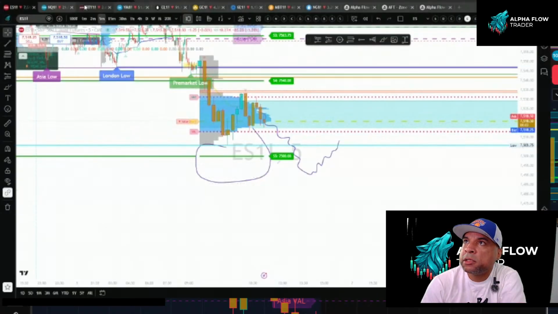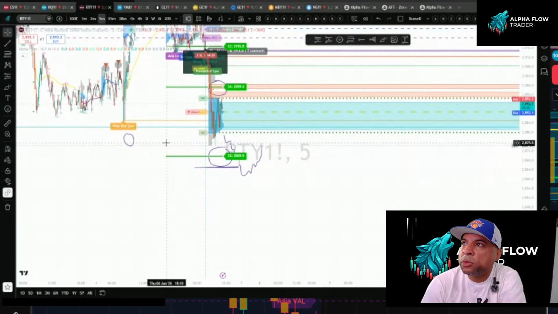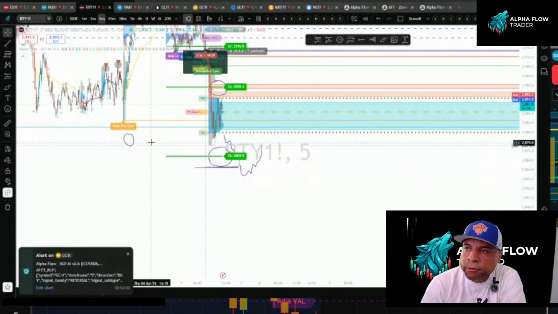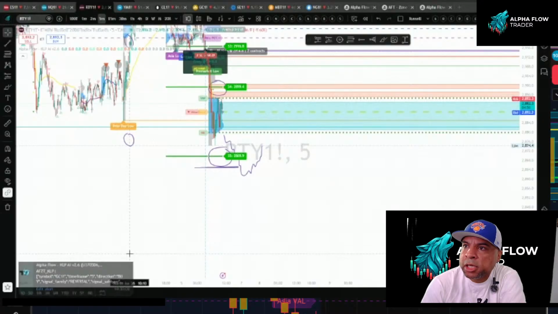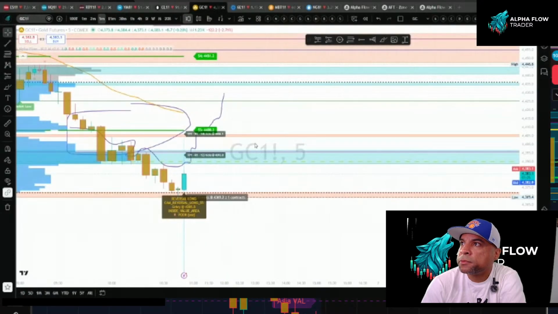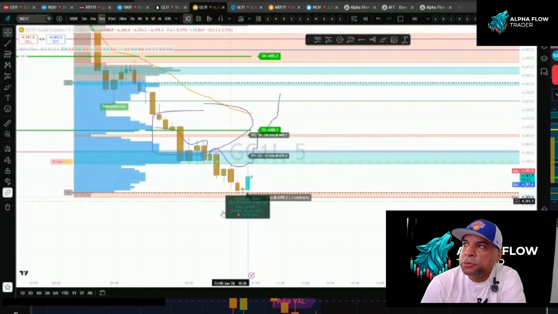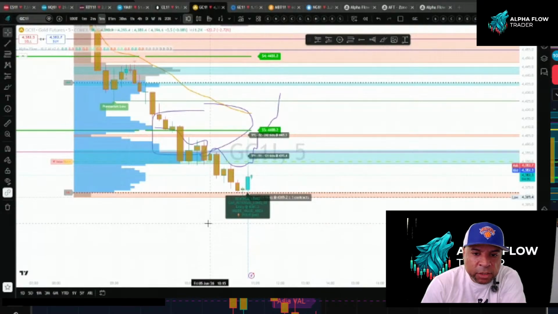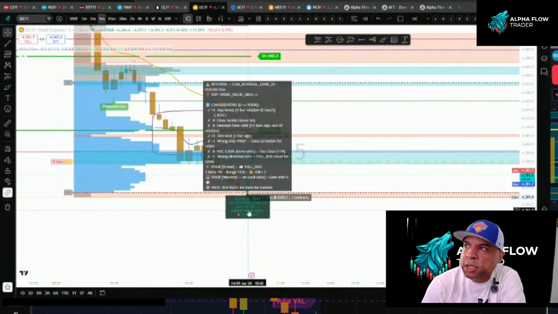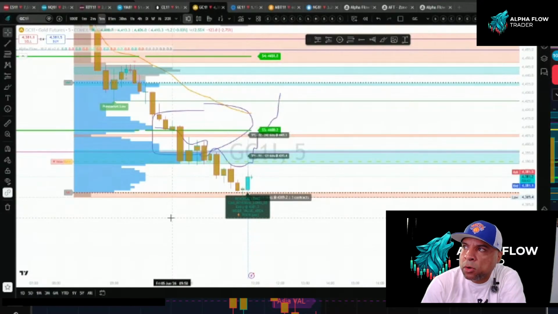All right, so ES and Russell, guys, those are my only two callouts for the rest of the afternoon. ES and Russell. Now, gold has given us a signal, and once again, it is listed as a poor signal. So I'm staying out of gold. It may very well hit, but it just hasn't.